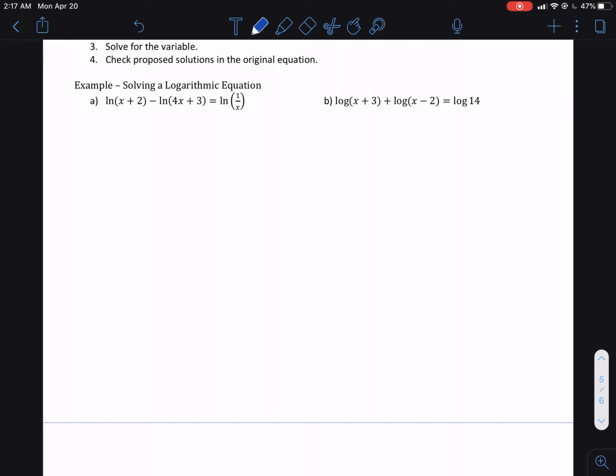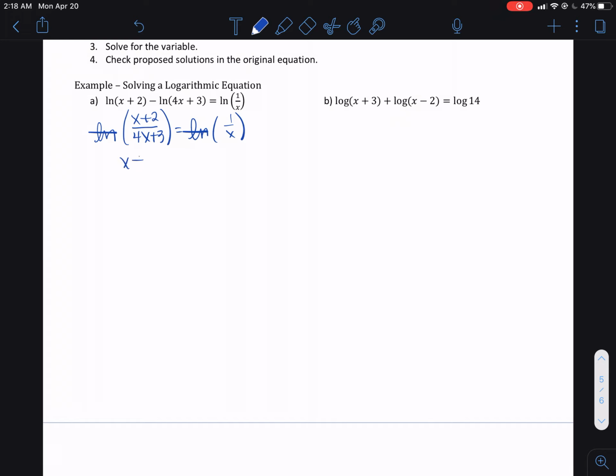So remember, when we're subtracting, it's the same thing as dividing. So we can rewrite the left-hand side as the natural log of x plus 2 over 4x plus 3, and that equals the natural log of 1 over x. So in order to be equal, the insides have to be the same.